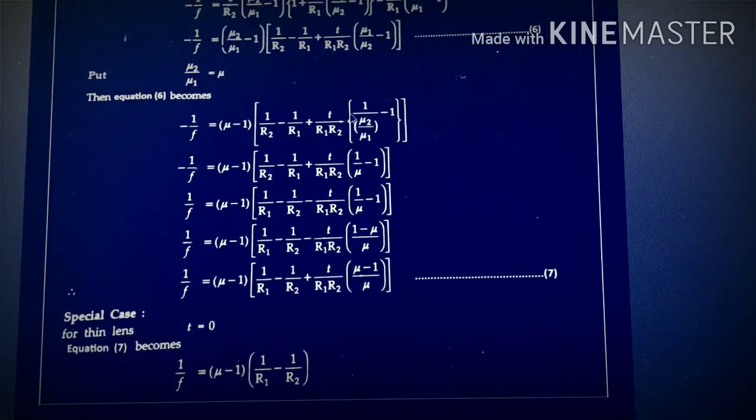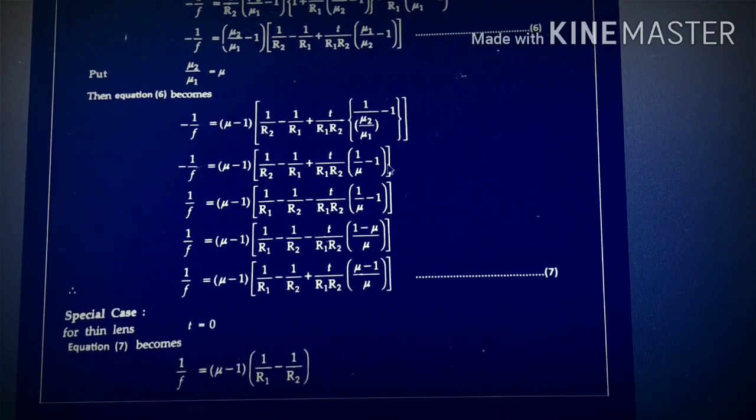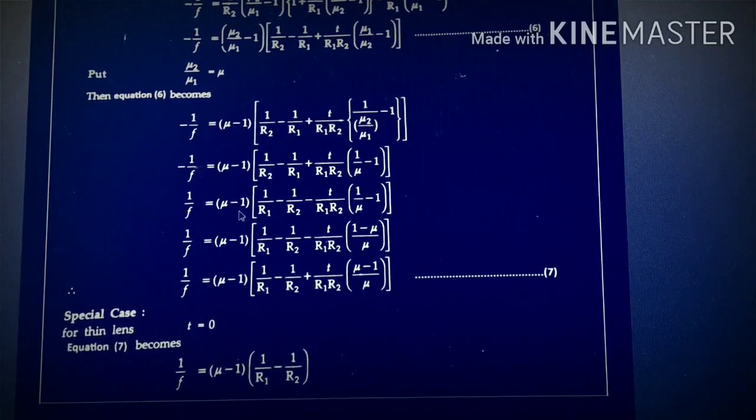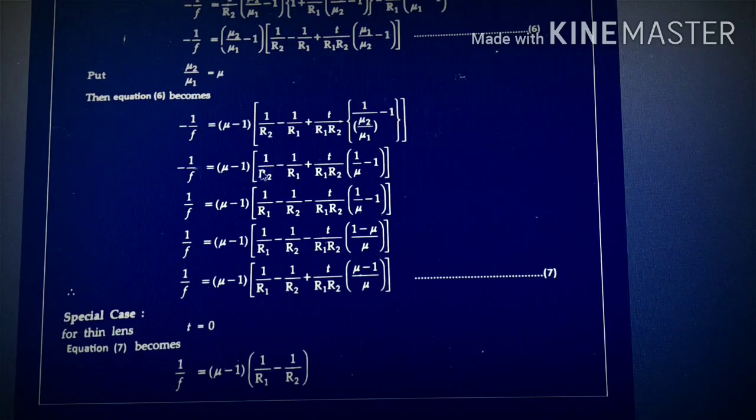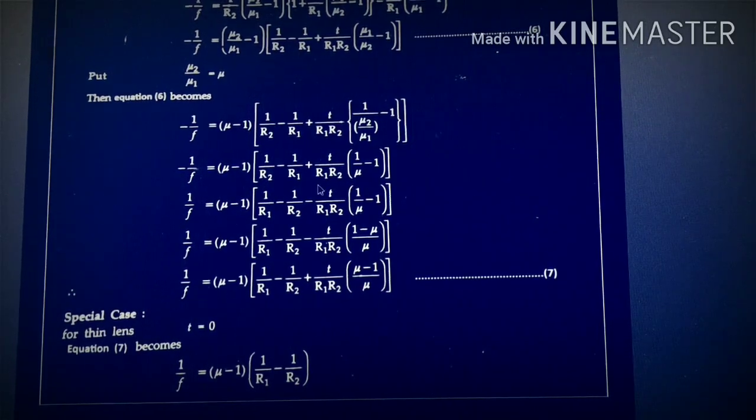Taking the negative sign on both sides, we get 1 by f equals mu minus 1 into 1 by r1 minus 1 by r2 minus t by r1 r2 into 1 by mu minus 1.